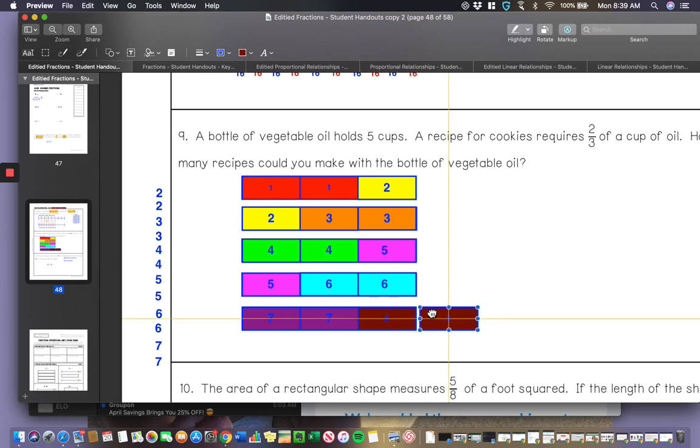But if you notice, I do have 1/3 left. Well, if I have a third left, I have half of 2/3. I don't have an 8th serving. I only have half of it. Take a look again. The red rectangles would give me a full serving. However, I do not have this.